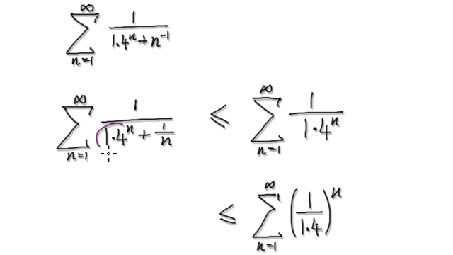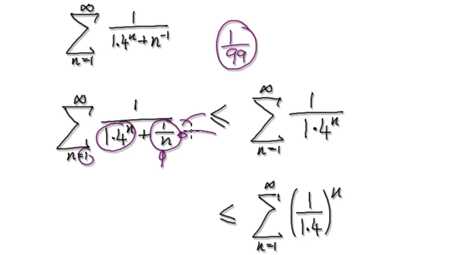If you look at the denominator, you've got one thing plus another thing. This thing here will be positive, and it will be a small amount because it's 1 over, let's say, 99.